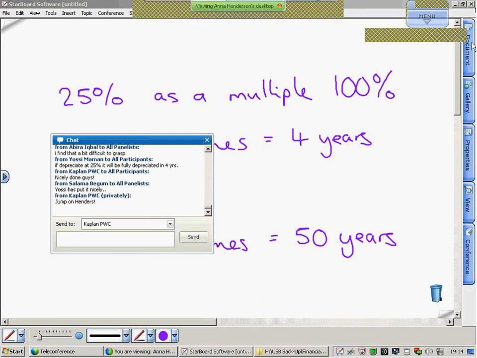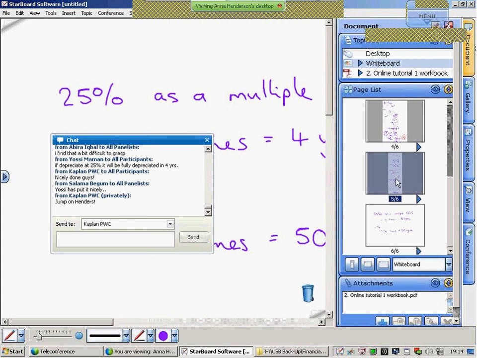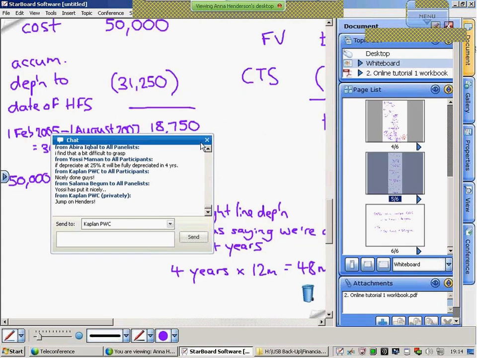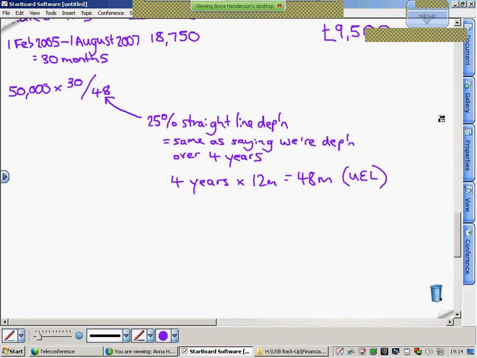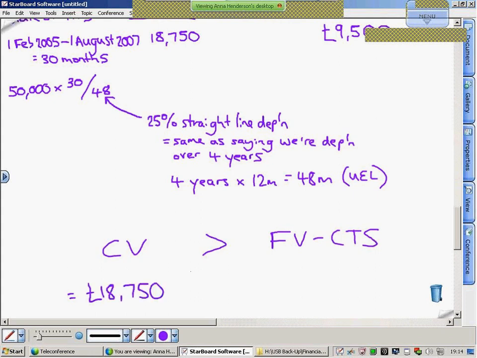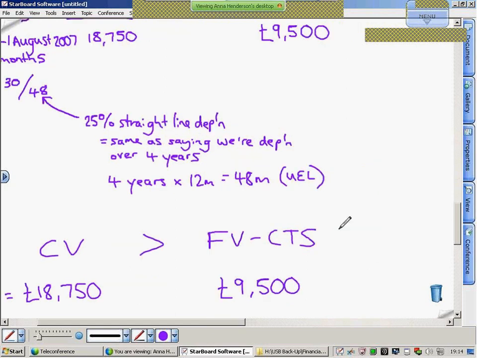So, to our question here, we can see now that the carrying value is exceeding the fair value less cost to sell. So looking at 18,750 with 9,500. As soon as that is the case, we end up with an impairment for the difference between the two.